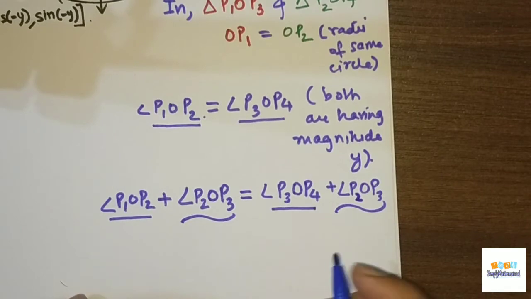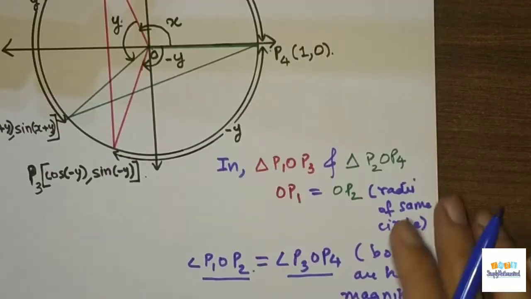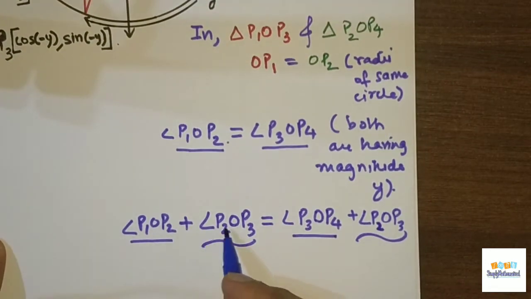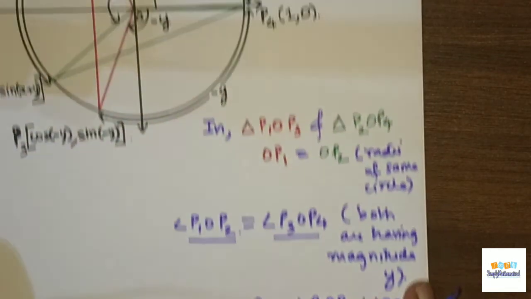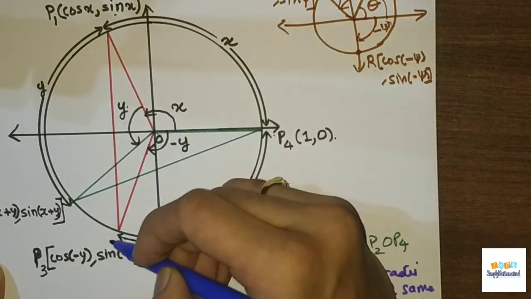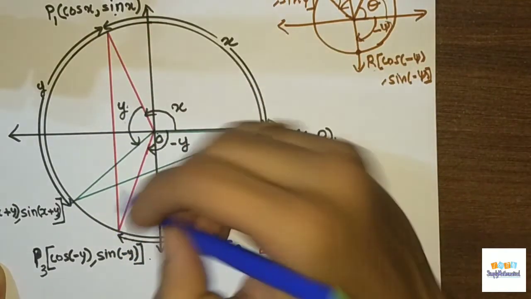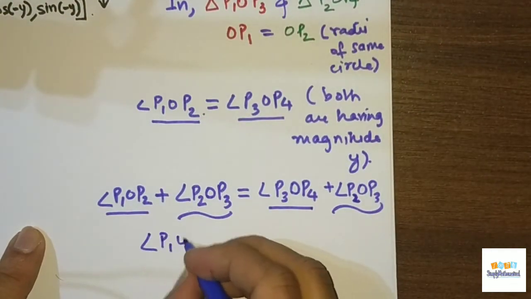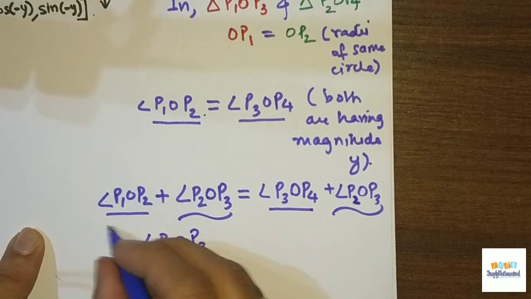Now suppose we look at P1OP2 plus P2OP3, what will that be? That is this angle, P1OP3. So what we will get here is P1OP3.